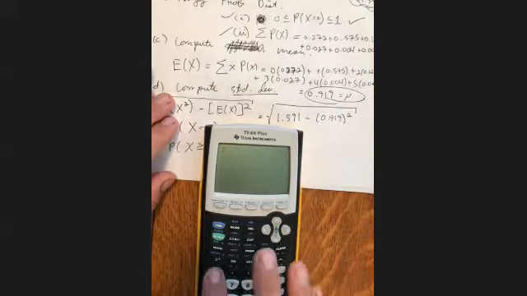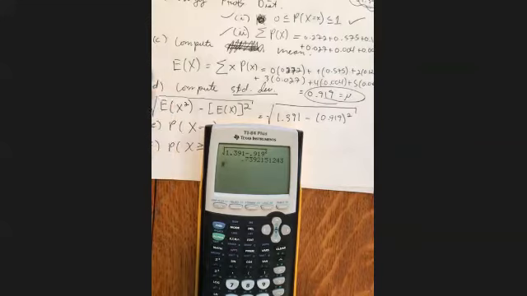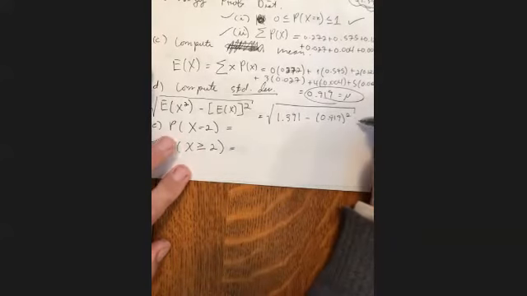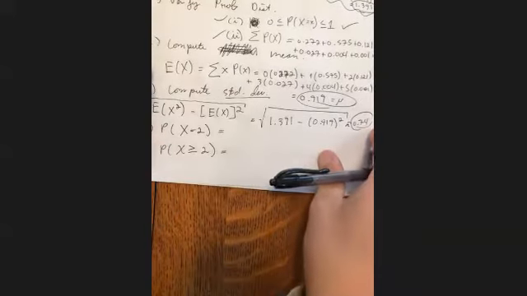So square root of 1.391 minus 0.919 squared. And we get a standard deviation of 0.7392. So 0.74 for our purposes.